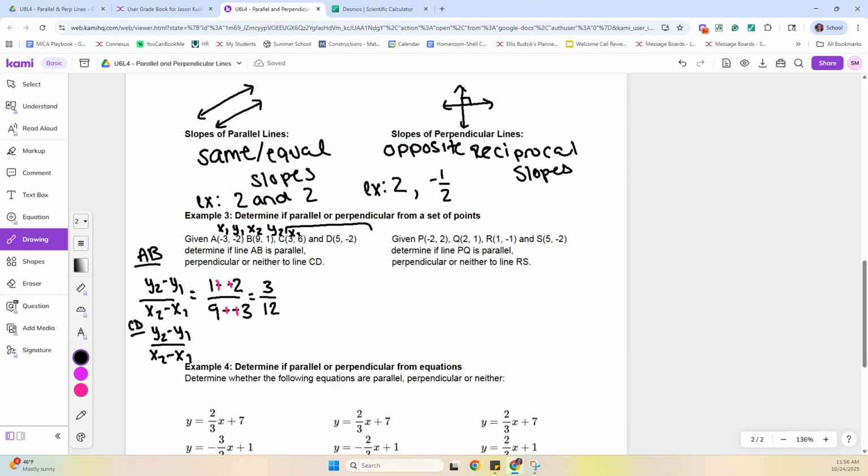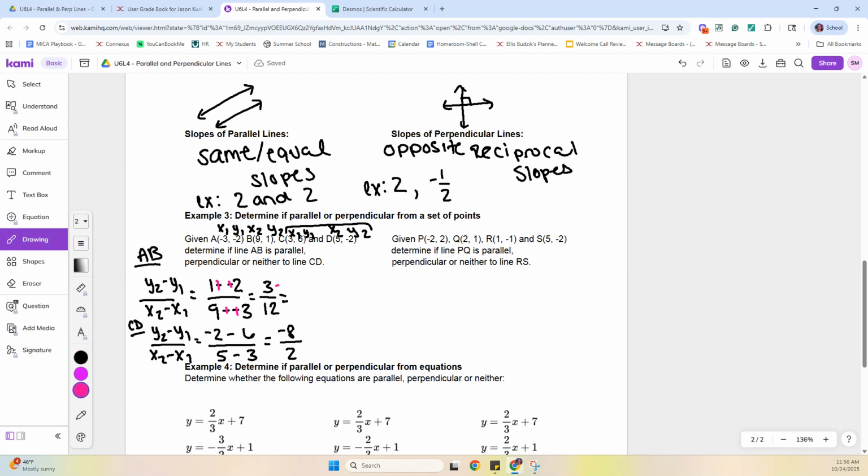So this is my x1, y1, x2, y2. My y2 is -2, my y1 is 6, my x2 is 5 minus my x1, which is 3. So -2 minus 6 is -8, and 5 minus 3 is 2. It does look like I could simplify both of them, so let's go ahead and do that.